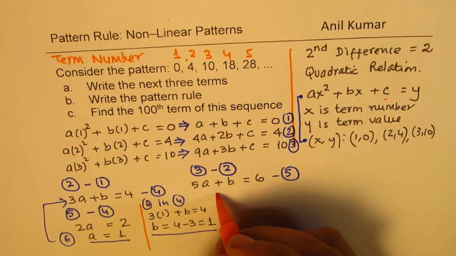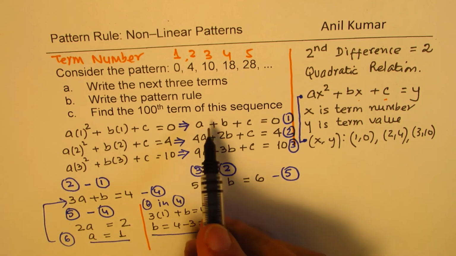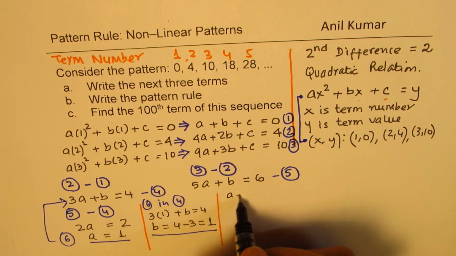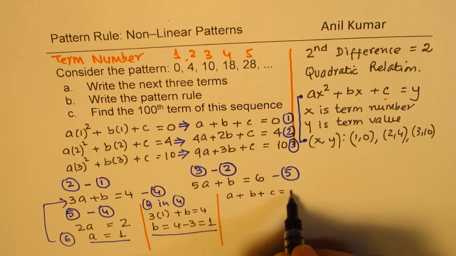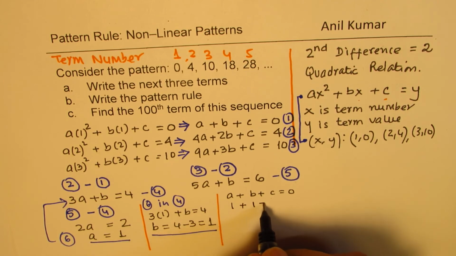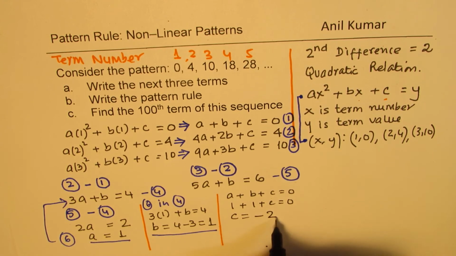Now we can get back to C. We can use the very first equation, which is A plus B plus C equals 0. So we had this equation A plus B plus C equals 0. We know A and B both are 1. Both are 1 plus C equals 0. So clearly C is equal to minus 2. So we get the value of C as minus 2. Perfect.